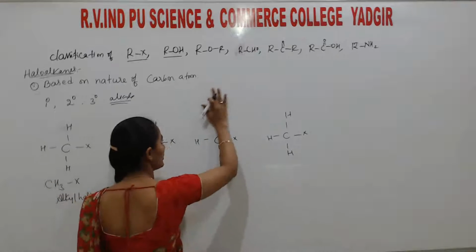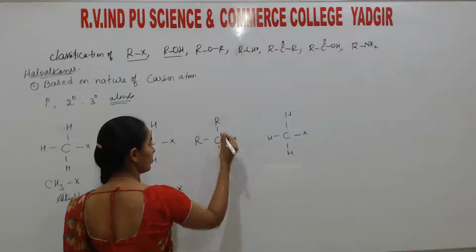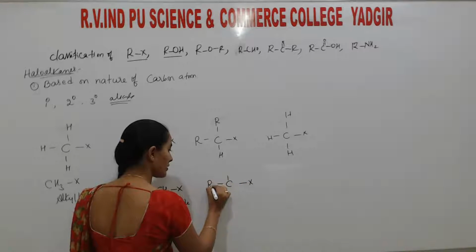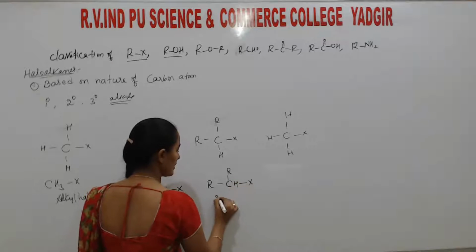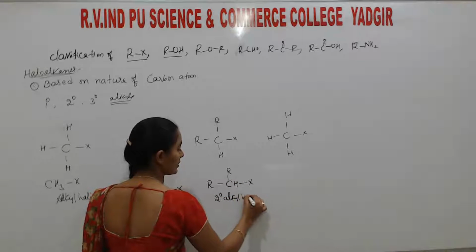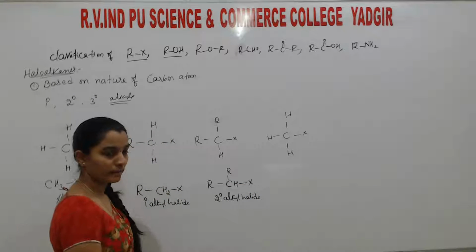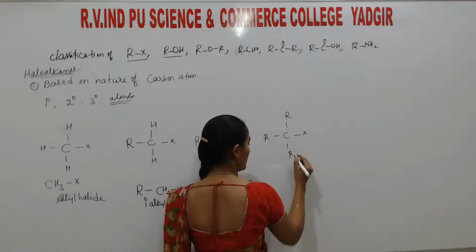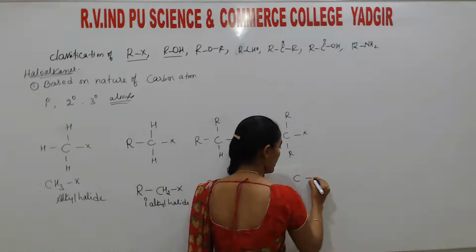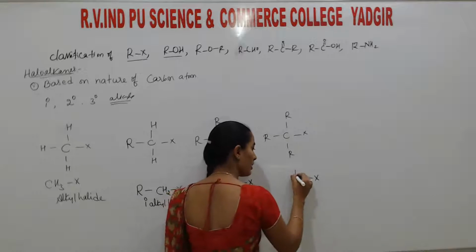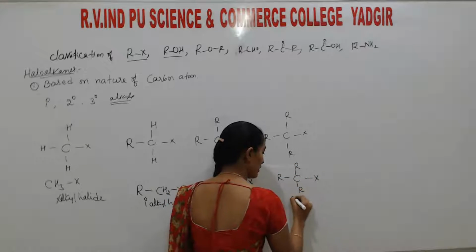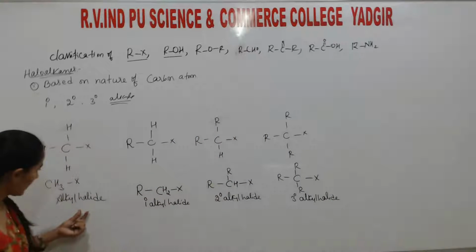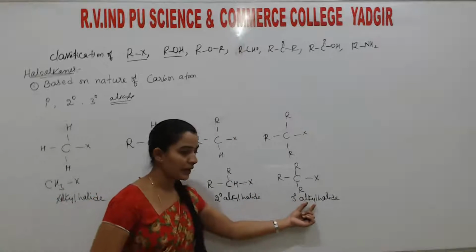Next, if the carbon where the halogen is attached is further attached to two R groups, then it is a secondary alkyl halide. If all the hydrogens are replaced by R groups, the carbon where the halogen is attached is further attached to three carbons, then it is a tertiary alkyl halide.